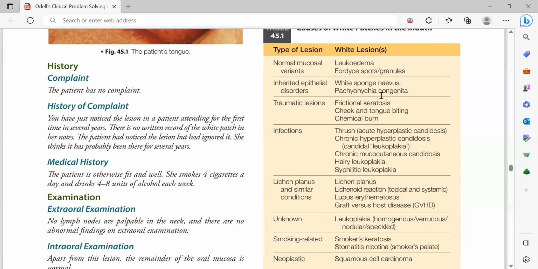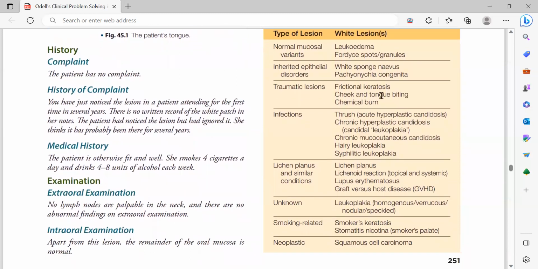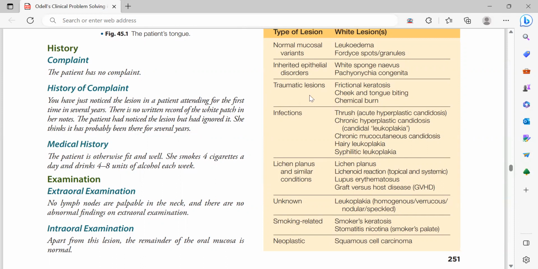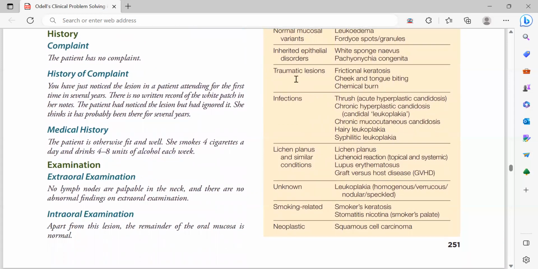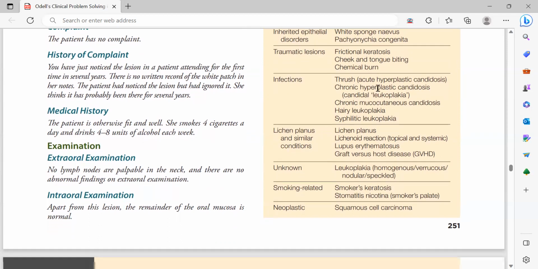Ignore my pronunciation of some words, because these medical terms are very hard for me; I struggled a lot with these pronunciations. Some other causes could be traumatic, which might be frictional or cheek or tongue biting. You might have noticed that some people have a cheek biting habit and they have a white line along their occlusal plane. And chemical burns.